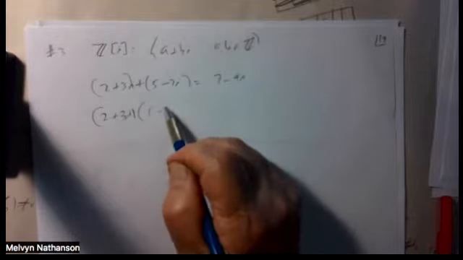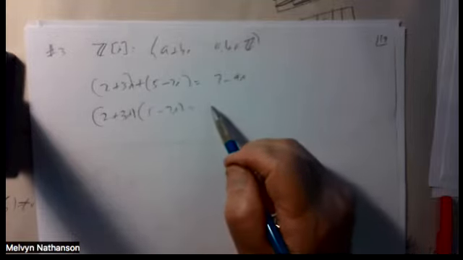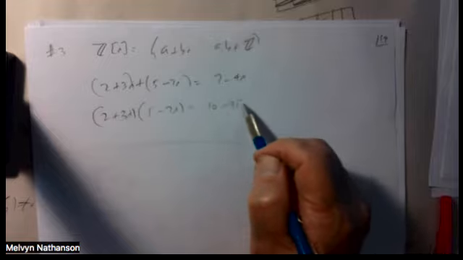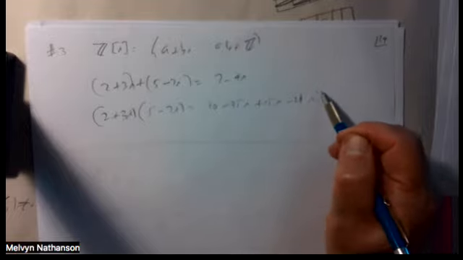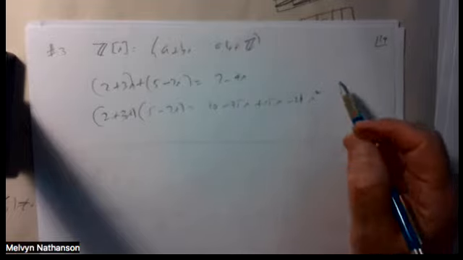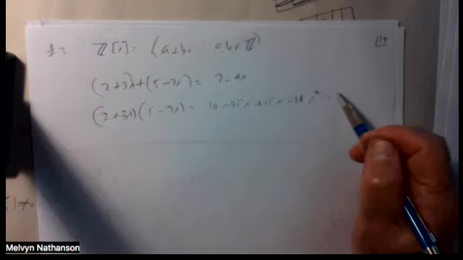If I multiply them, I'm multiplying complex numbers. I get 10 minus 35i plus 15i minus 21i squared, which is minus 1. So 10 plus 21, this is 31 minus 20i. Right? That's just adding and multiplying complex numbers.